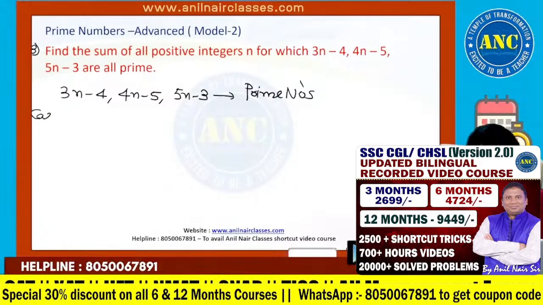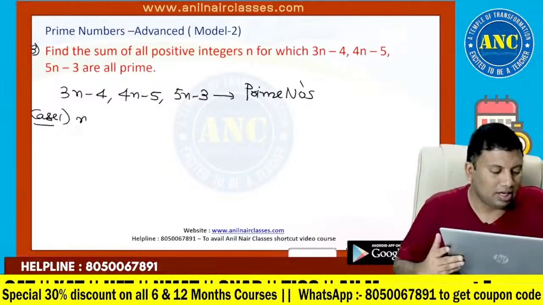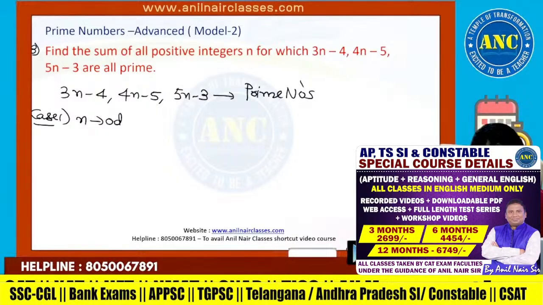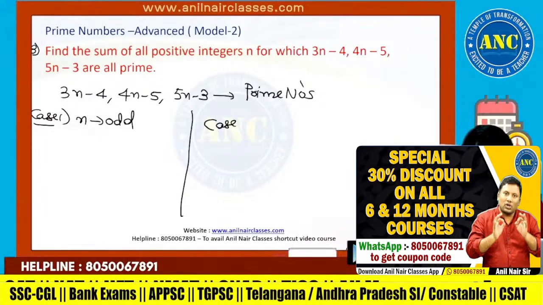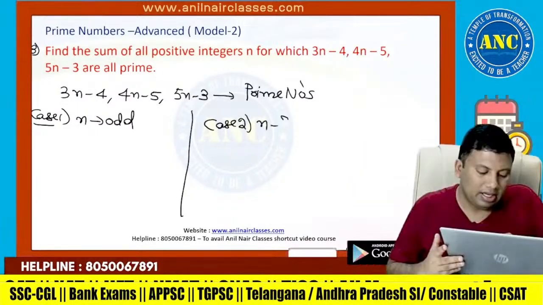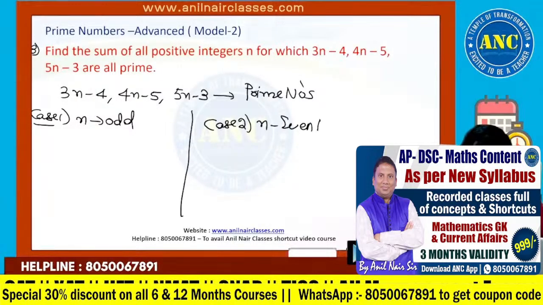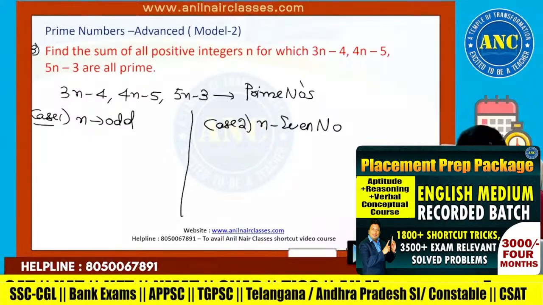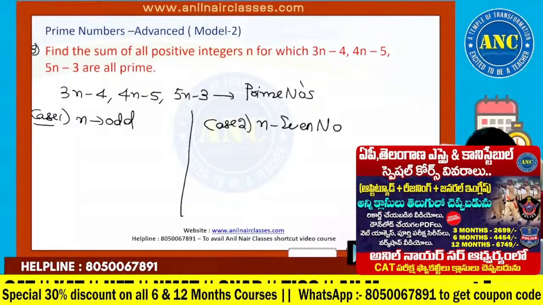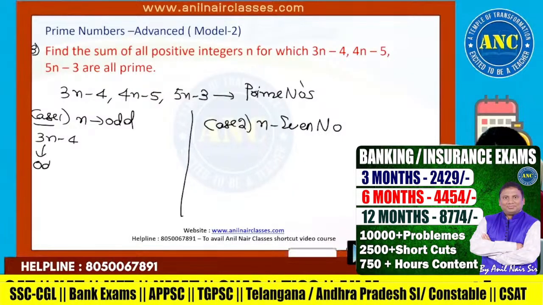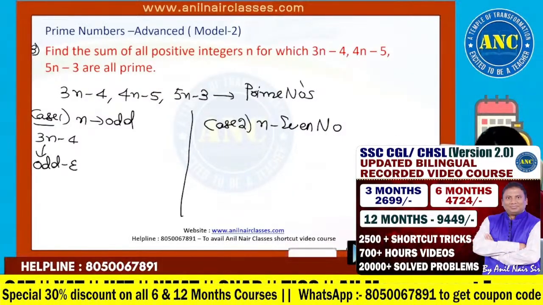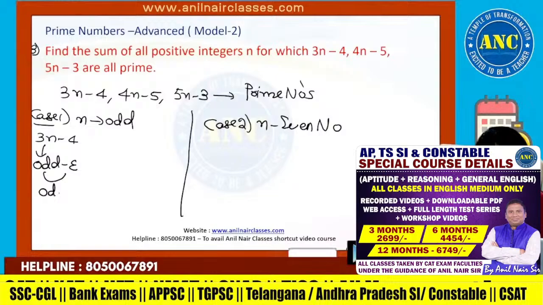Case number 1: n is an odd number. Case number 2: n can be an even number. So 3n minus 4. 3 is an odd number, odd into odd, odd. 4 is an even number. Odd minus even is odd.